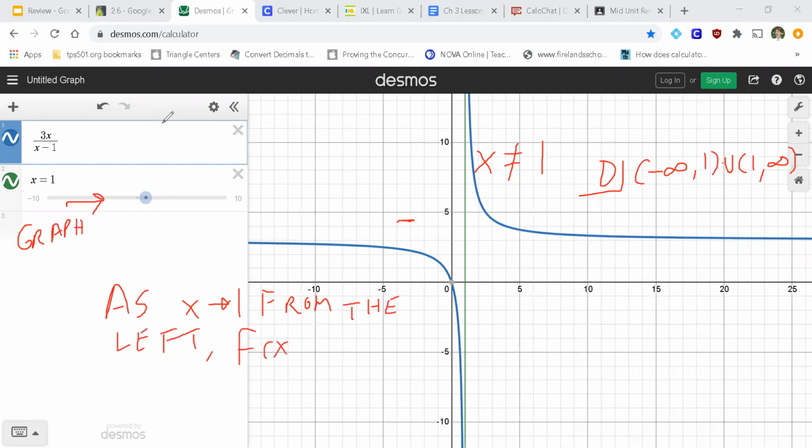What does f of x do? So as we approach 1 from the left, what happens to f of x? Well, it goes down forever, right? So f of x approaches negative infinity. As we approach 1 from the left, f of x goes down forever.